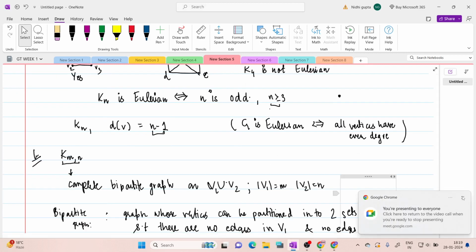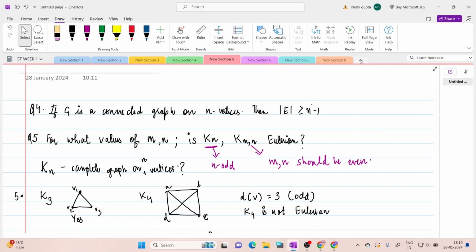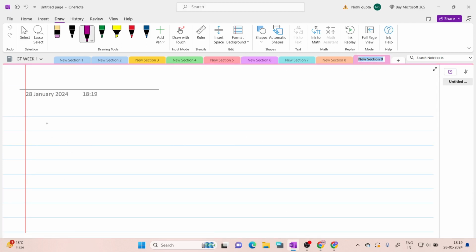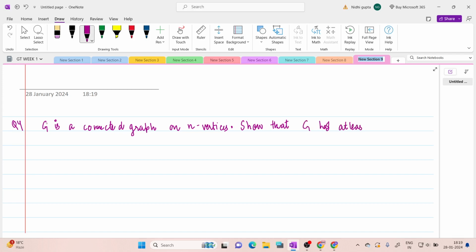Okay, so now we have question 4. I'll write it on a different page. Question 4 is that G is a connected graph on n vertices, and we need to show that G has at least n minus 1 edges.